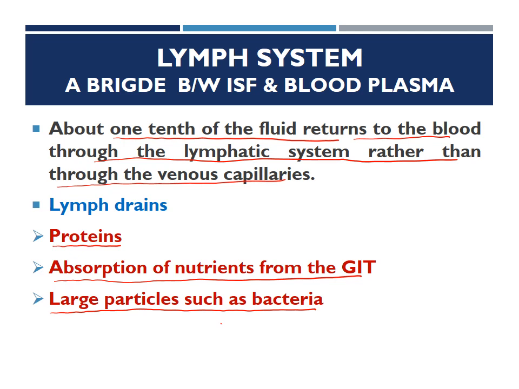The lymph channels are present throughout the body, except few places. About 1/10 of the fluid that comes out of the arterial end of the blood capillaries returns to the blood through the lymphatic system rather than through the venous capillaries.